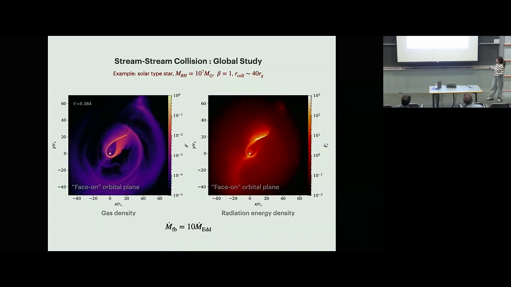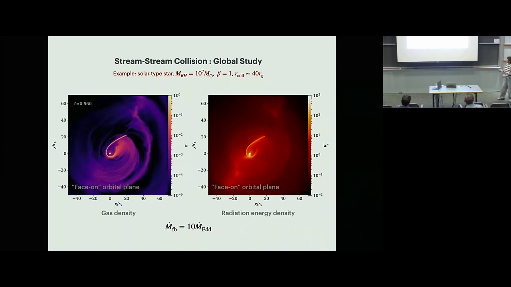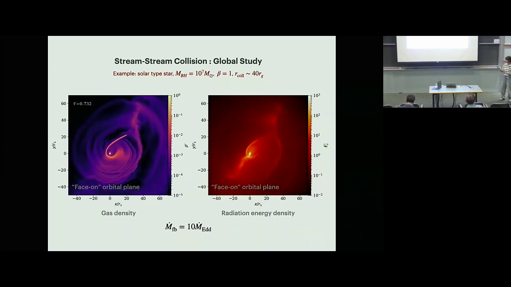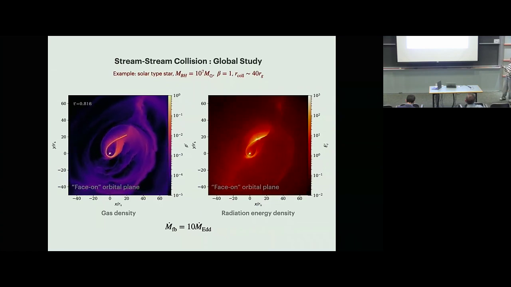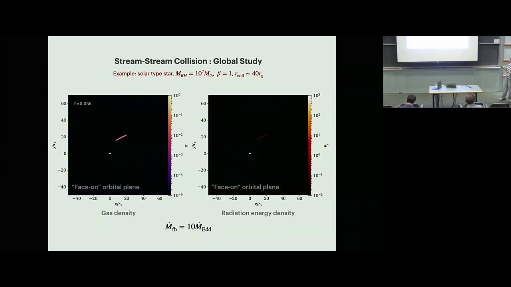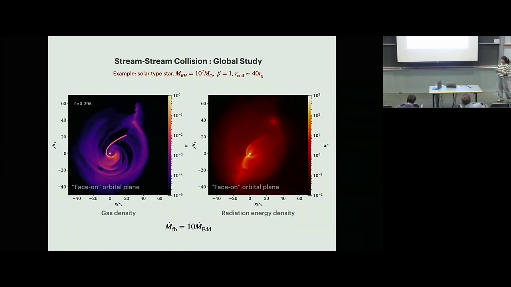Here on the right, I'm showing a movie of radiation energy density in the lab frame. This part is handled by the radiation transfer module in Athena++. What we can see here is that every time the stream-stream collision happens, it creates a hotspot on the radiation energy density map, a local enhancement of radiation energy density.